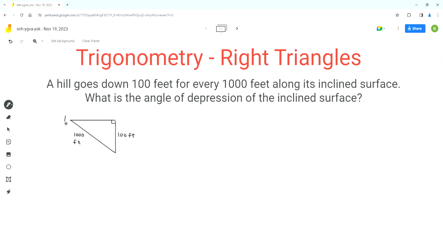So first I'll label the corners of the triangle: A, B, C. Imagine you're standing at point A on this hill, and your eyes look straight at point B. Now the angle of depression is the angle by which your eye level has to go down in order to see a point on the inclined surface. Therefore, the angle by which our eye level has to go down from the horizontal level is the angle of depression. This is a very important concept you need to understand and memorize.